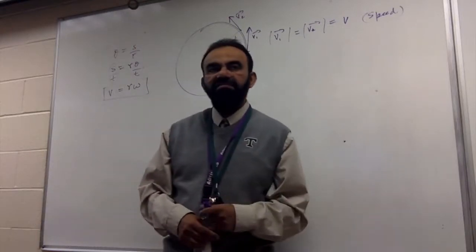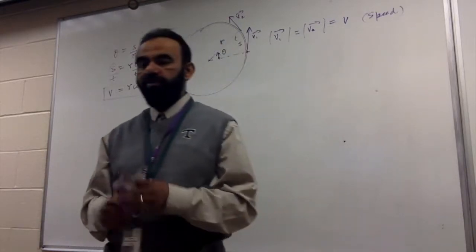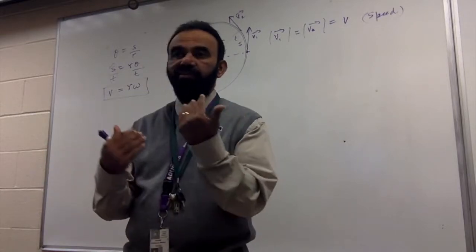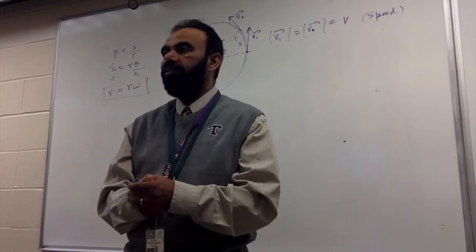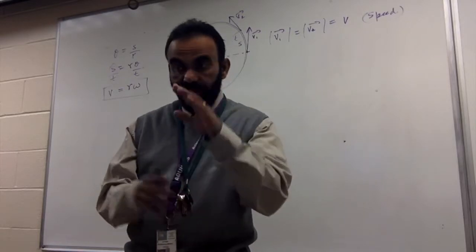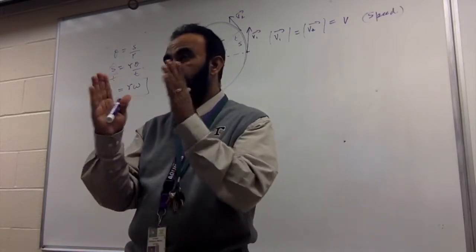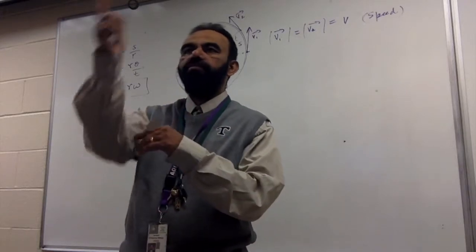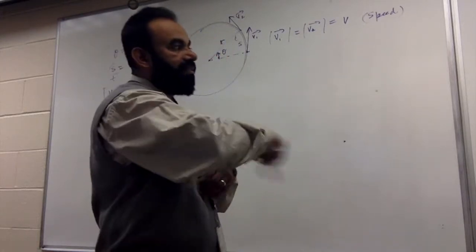Now, spinning clockwise or counterclockwise depends on the way you look at it. If you look at the same clock from behind, it's going to be the other way around, right? So you take the signs according to what you see. And once you keep a convention that, all right, this way is positive, for me, this way is positive.